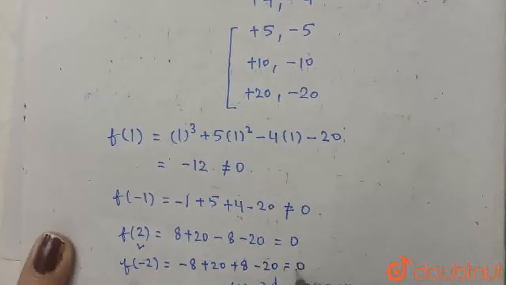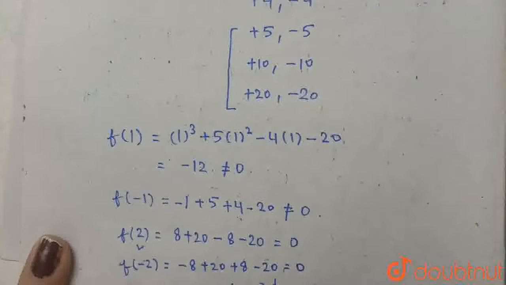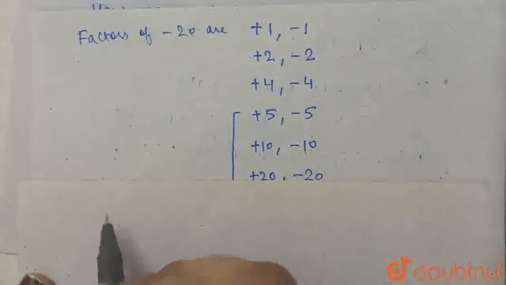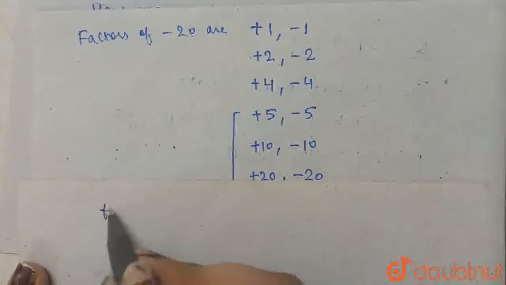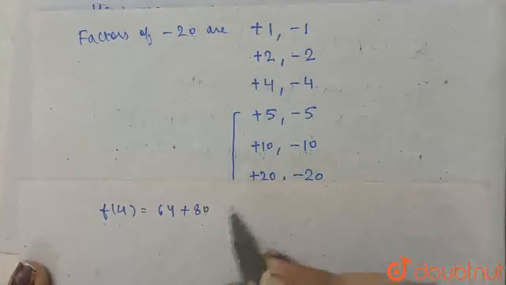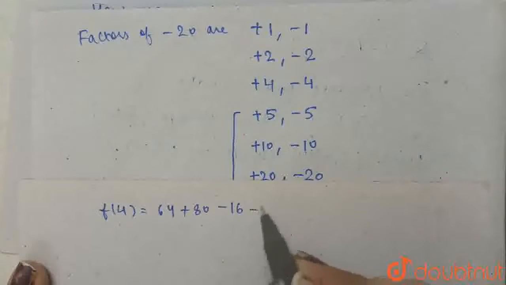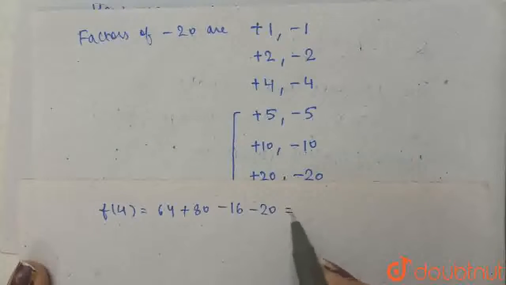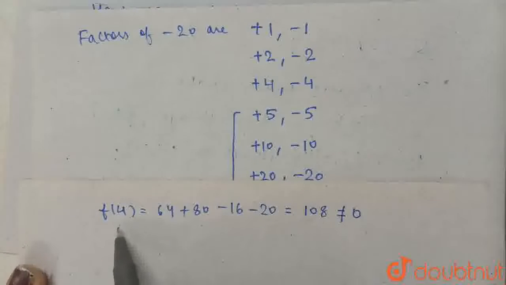This is also 0. So therefore x is equal to minus 2 is also a zero of the given function. And if we put x is equal to 4, that is f of 4 is 64 plus 80 minus 16 minus 20. This is 108, which is not equal to 0. So therefore x is equal to 4 is not the zero of the given function.